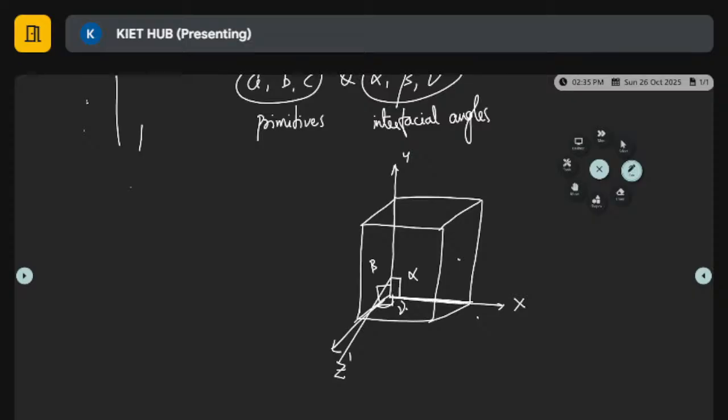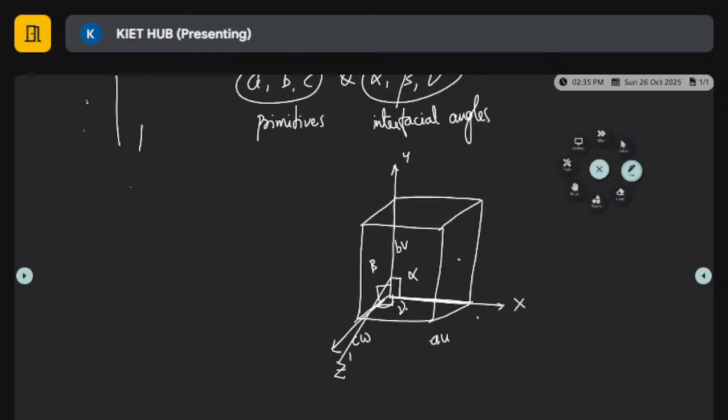Actually we take A times U, B times V, C times W. U, V, W are nothing but how many times you repeated: A repeated U times, B repeated V times, U related to the x-axis, V related to the y-axis, W related to the z-axis, like that.